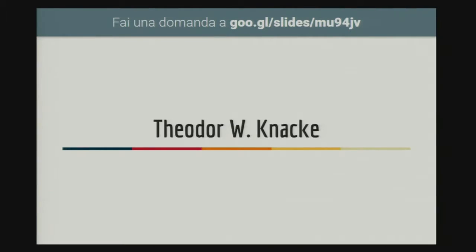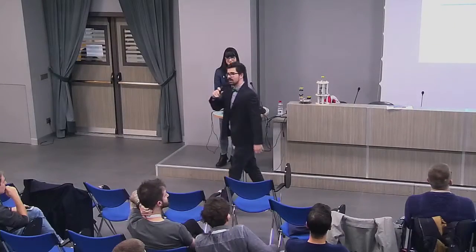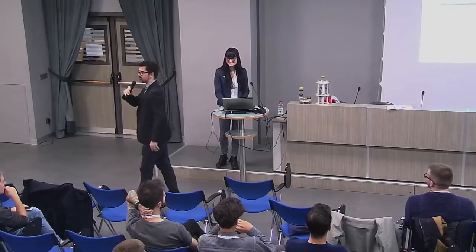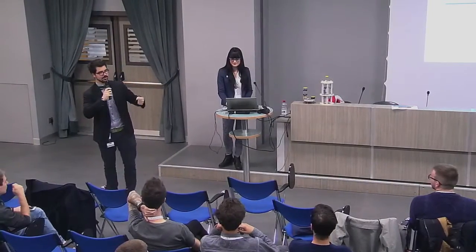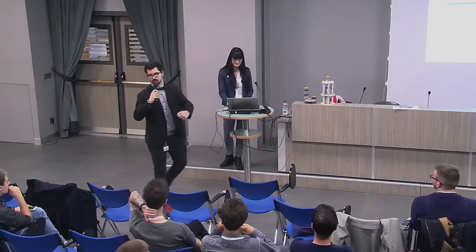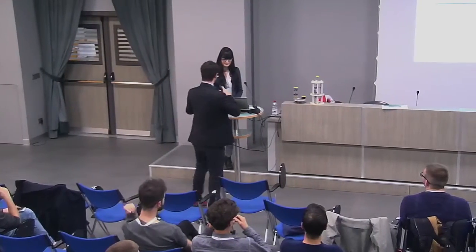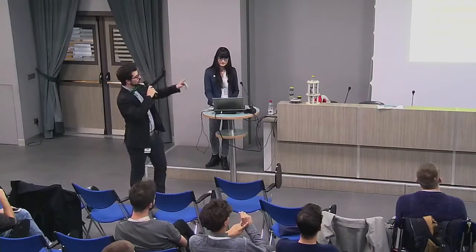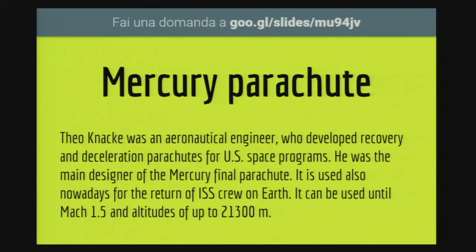Here, Theodore Knacke. His name is a legend for everybody who works in recovery of a rocket and all the recovery to bring the rocket down on the land. He was the main designer of the Mercury final parachute.